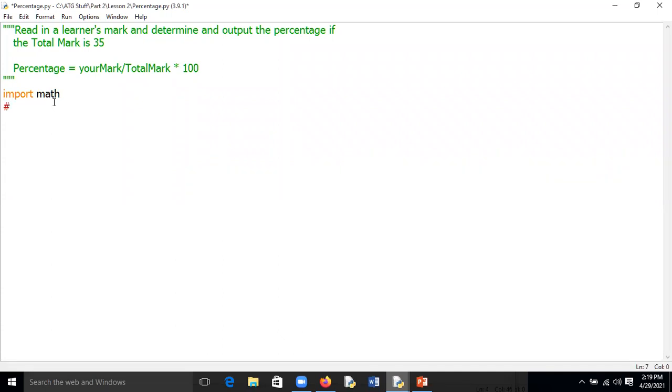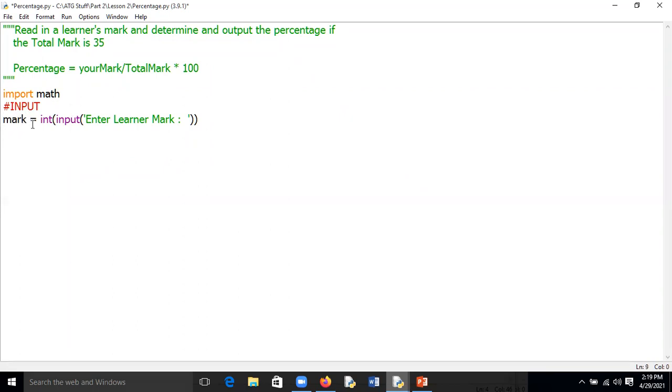So when we're looking at our input, we are basically going to say mark is assigned, and once again, cast it, and then input, right? Okay, and we're going to say enter learner mark. So the user is going to enter a mark there. It's going to convert it into an integer, and it's going to store it in the variable mark.